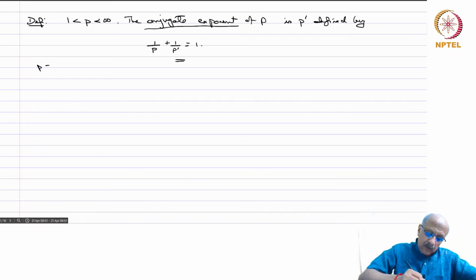So if p equals 1, the conjugate exponent is infinity, p dash equals infinity, and vice versa.